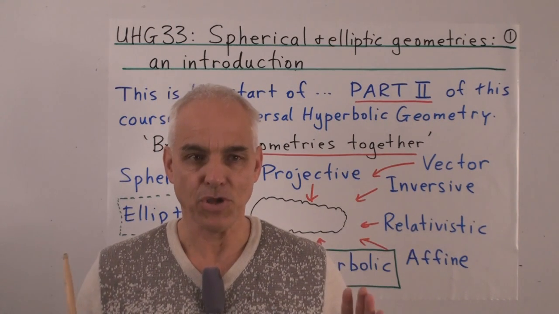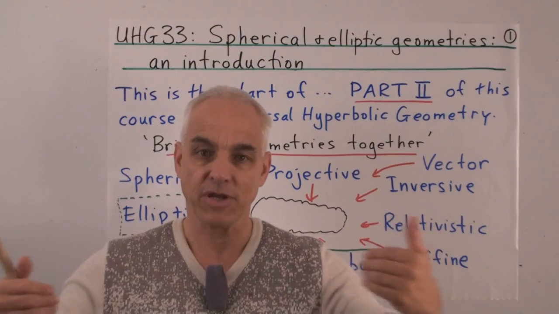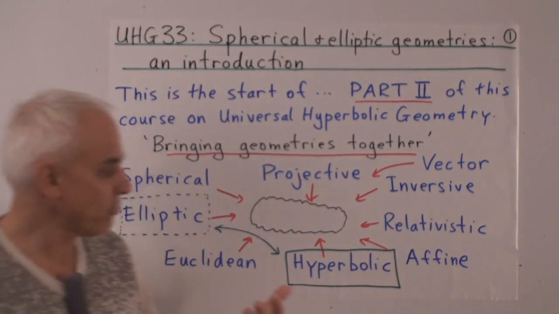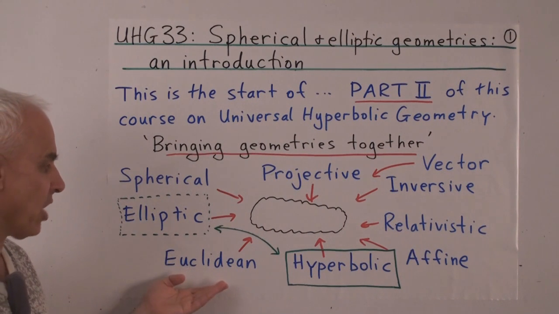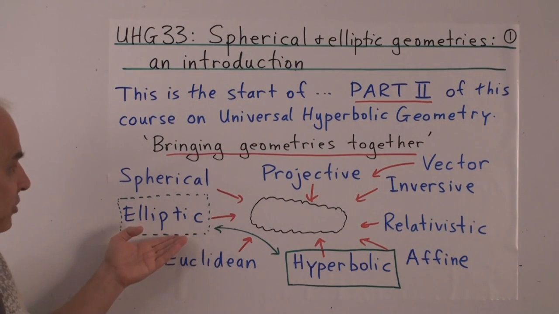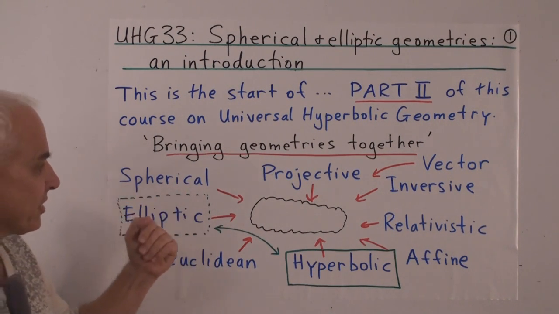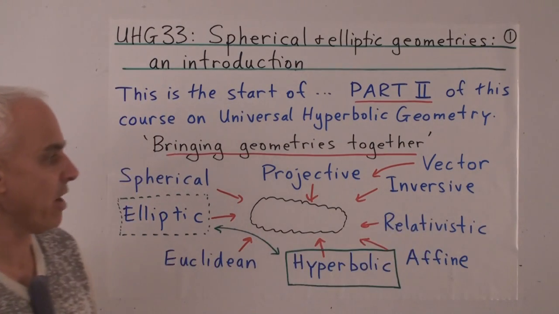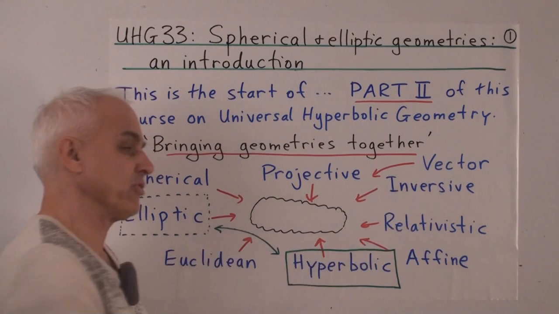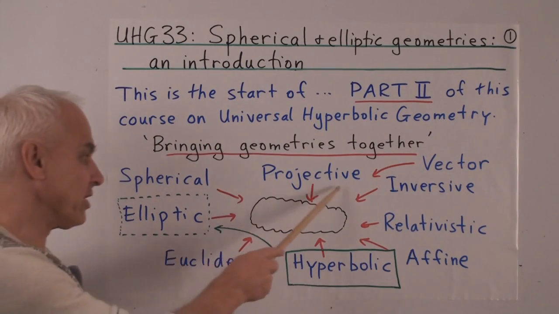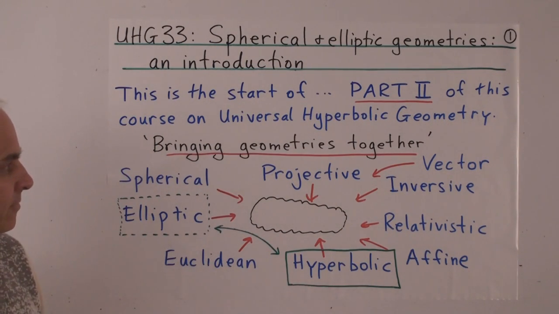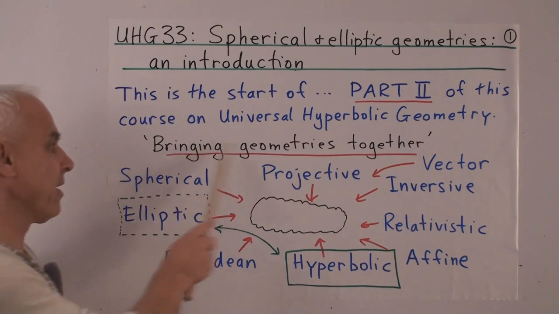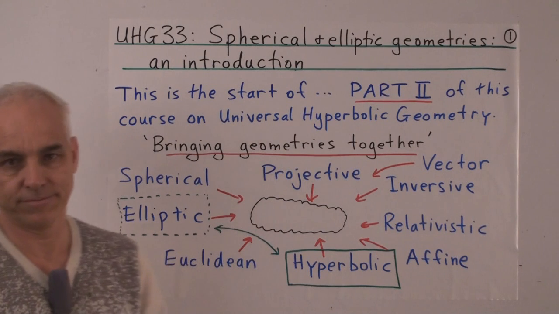So I want to show you that there's a lot of interconnections between not just hyperbolic geometry, but also Euclidean geometry, elliptic geometry, spherical geometries, affine geometry, relativistic geometry, inversive geometry, vector geometry or linear algebra, projective geometry. So the aim of this part 2 is to bring geometries together.